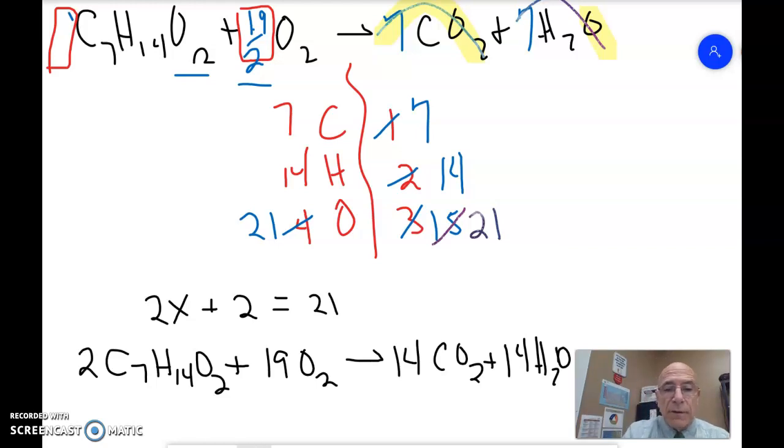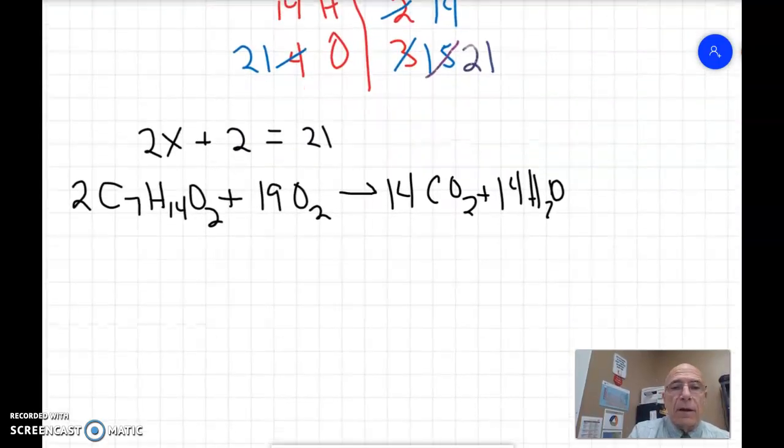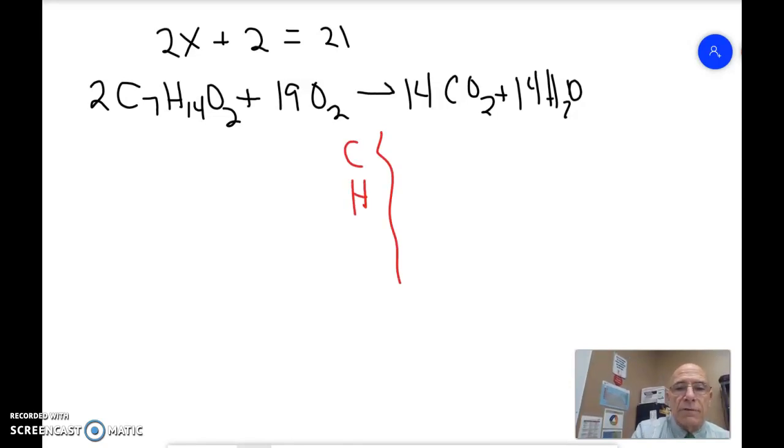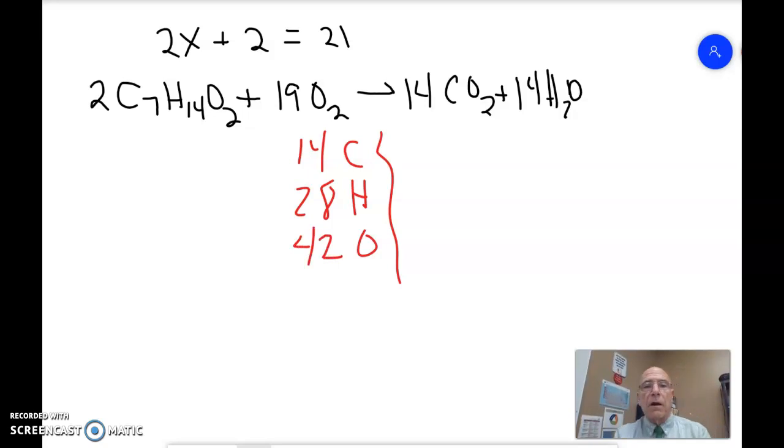If you want to check your answer, we would then take our new inventory on our answer here, and we can see that we're going to have carbon, hydrogen, oxygen. The carbons now, I have 2 times 7 on the left, 14. Hydrogen is 2 times 14, 28. Oxygen is 19 times 2, which is 38. And 2 times 2, which is 4, for a grand total of 42 oxygens.